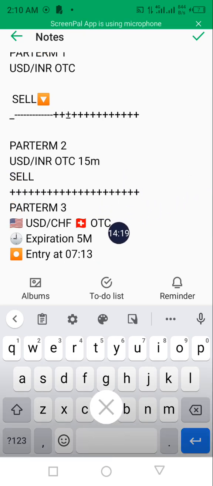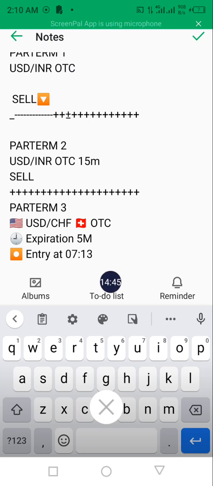This is the entry time, right? I'm explaining pattern 3. Entry time is 07:13. So you are meant to wait until the minute handle of your own clock on your phone or the device you are using has gotten to this 13. My own is currently at 10.